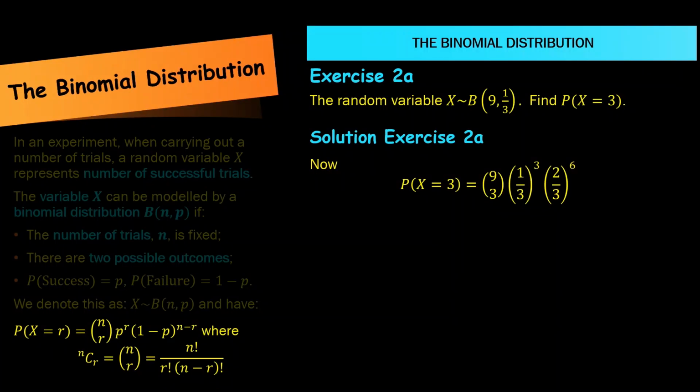And using this, we have the probability of x equals 3 equals 9 choose 3, times 1/3 to the power 3, where of course 1/3 comes from p equals 1/3, multiplied by 2/3 from 1 minus p to the power 6, which comes from 9 minus 3, or n minus r.